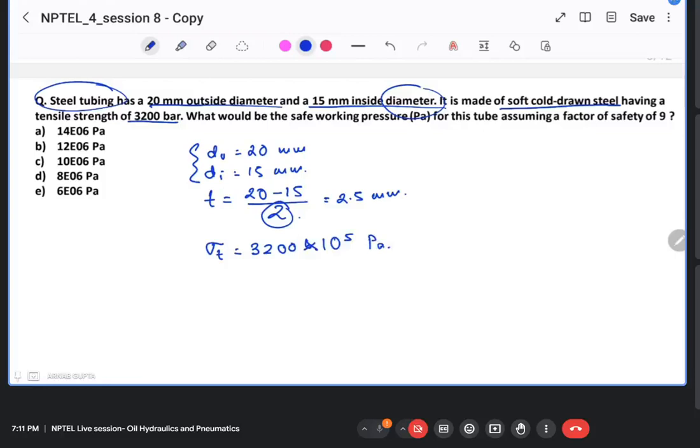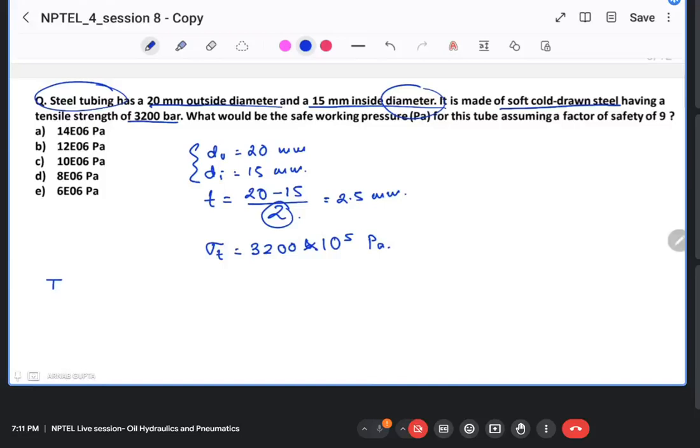Now you have a direct formula to calculate the pressure at which this can lead to failure. Generally, it is derived by considering a thin tube.